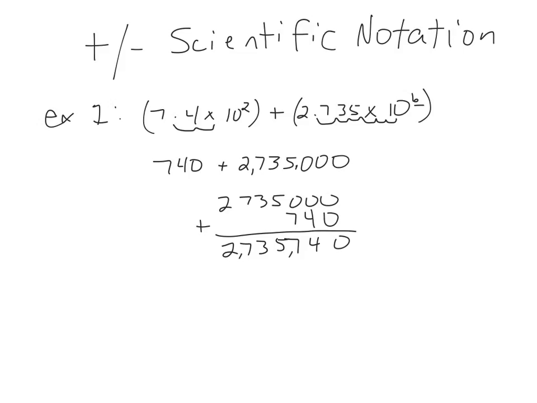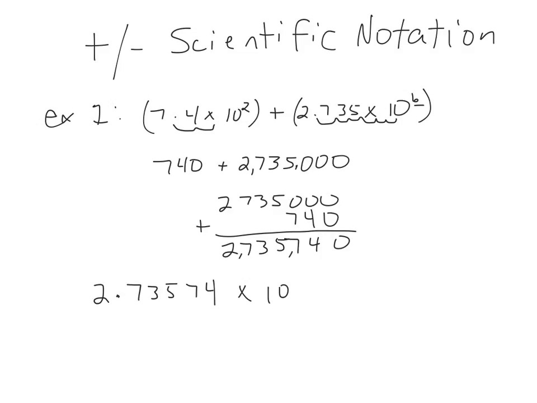Now we just have to use our rules. Okay? The rules are, remember, decimal after the first non-zero digit. So we put our decimal point down there. And then we write out the remaining digits that are left. So I have 7, 3, 5, 7, 4, until there's only zeros remaining. In this case, there's only 1, so it's kind of a pain, but we're going to go with it.